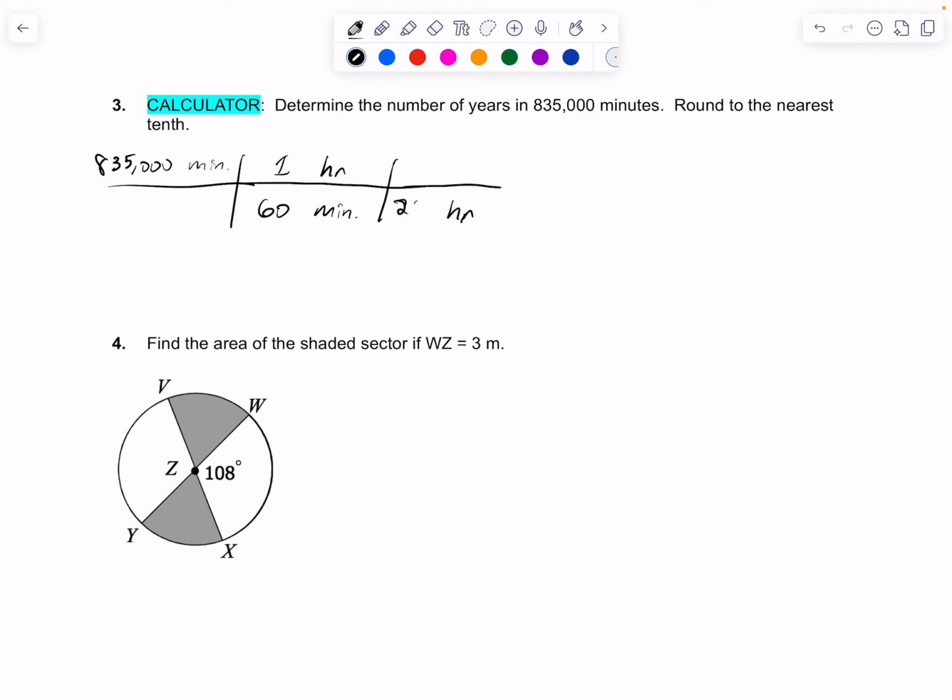And there are 24 hours in 1 day. And then I'm going to get rid of days. So 365 days in 1 year. So I'm going to go into my calculator and do 835,000 divided by 60, then divided by 24, then divided by 365, which will give me the amount in years.